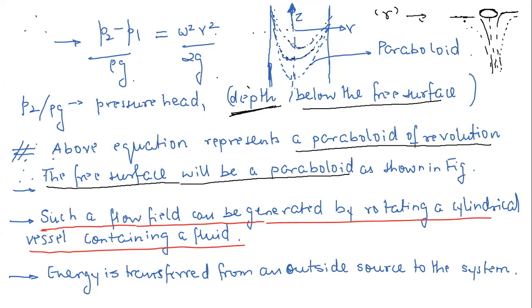We have already observed, if you watch that video very carefully, that in a free vortex flow the surface is always horizontal. Only at the center you start feeling that the fluid layers are going inside.